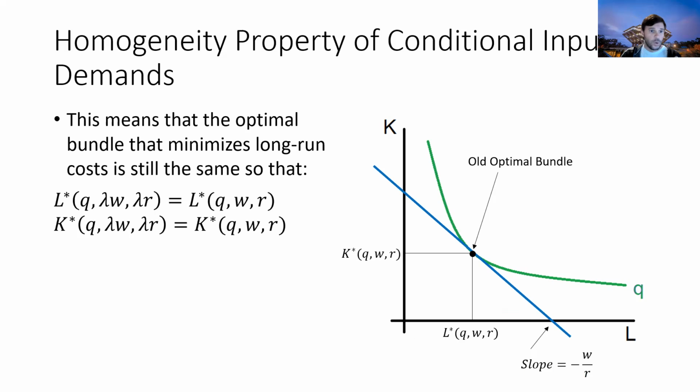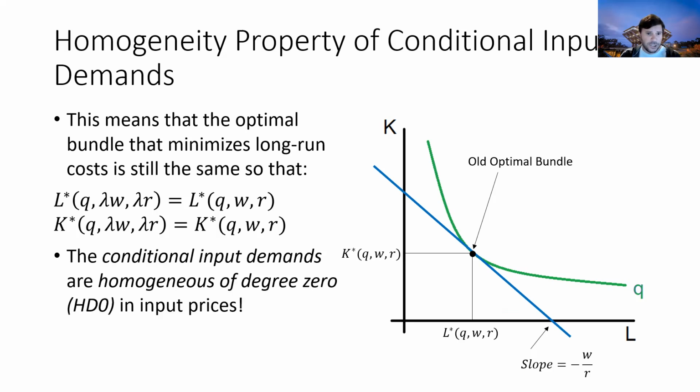Meaning, when we lambda'd the input prices, we got back lambda to the 0 times the original input bundles. Meaning that the conditional input bundles themselves are homogeneous of degree 0 in input prices.